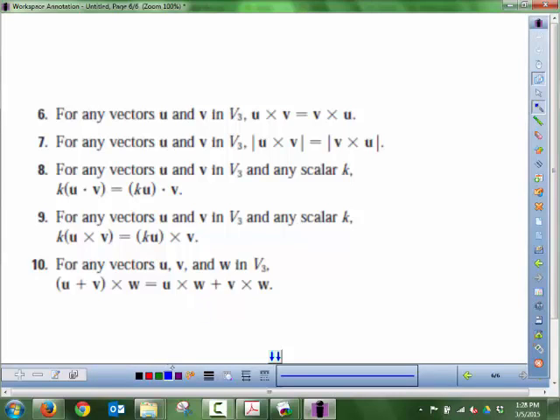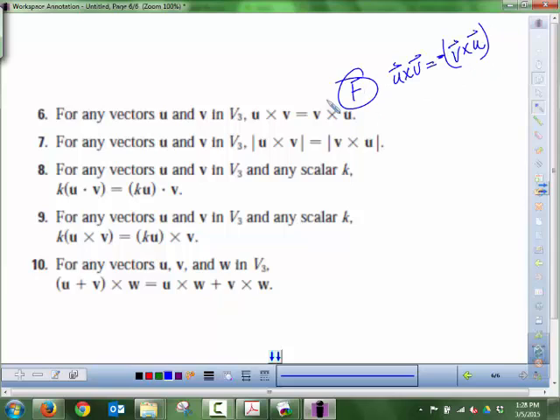All right, let's do the first one. Is this true or false? False. Turns out that u cross v is equal to v cross u with a negative in front. So this is false.